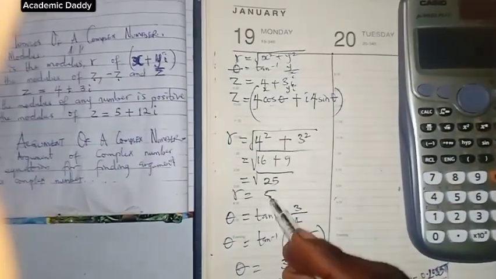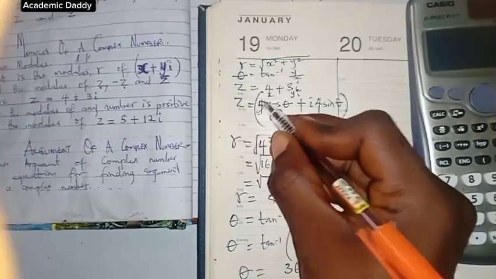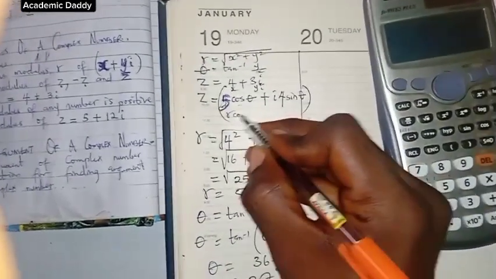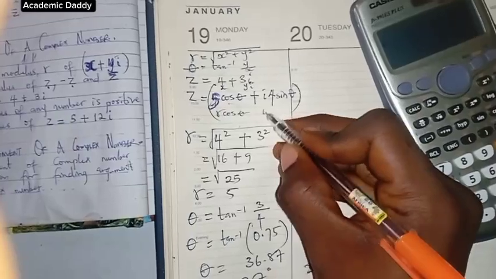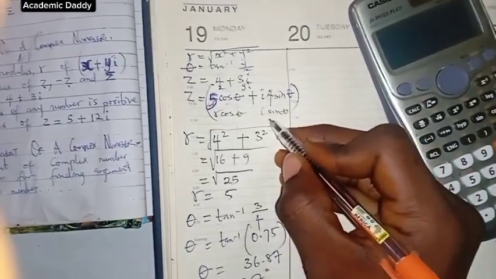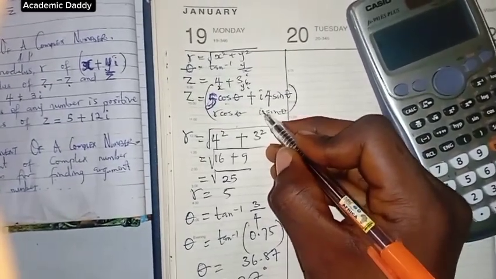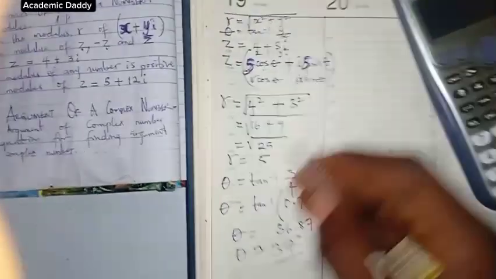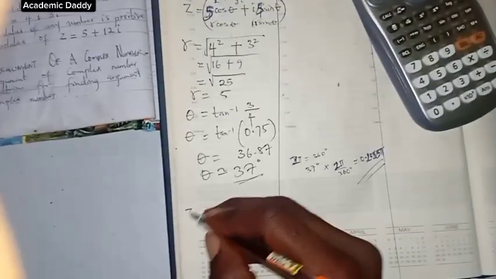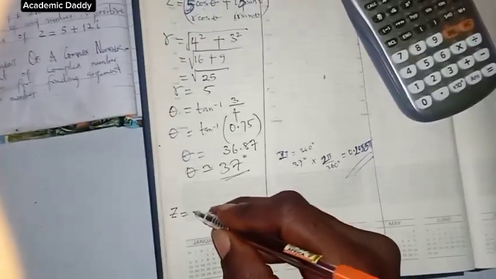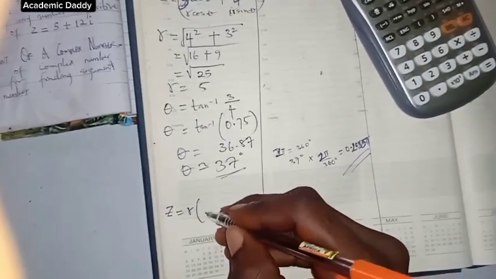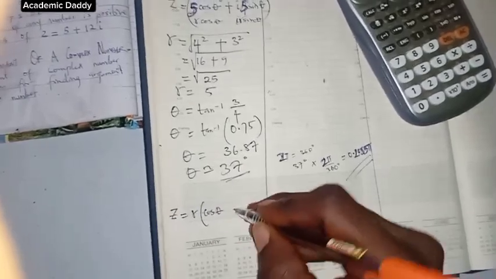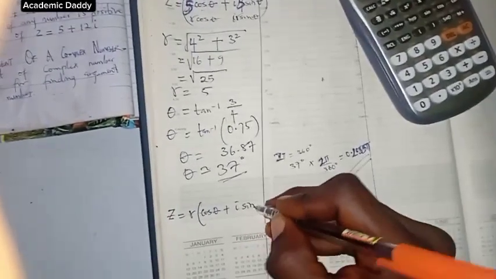Rather, what I'm supposed to have is 5, the modulus. Remember, polar form is r cos theta plus i sin theta.